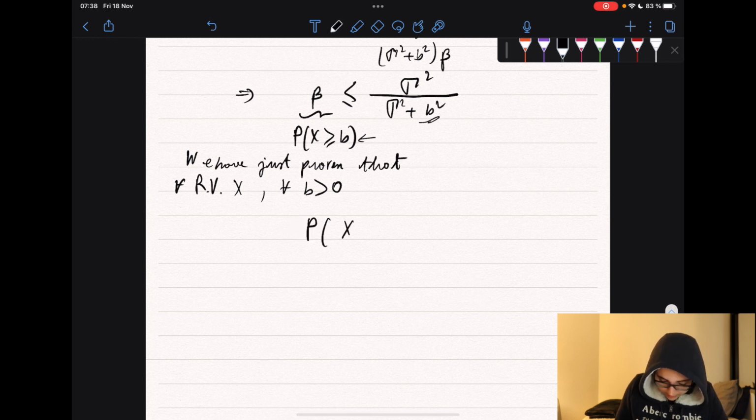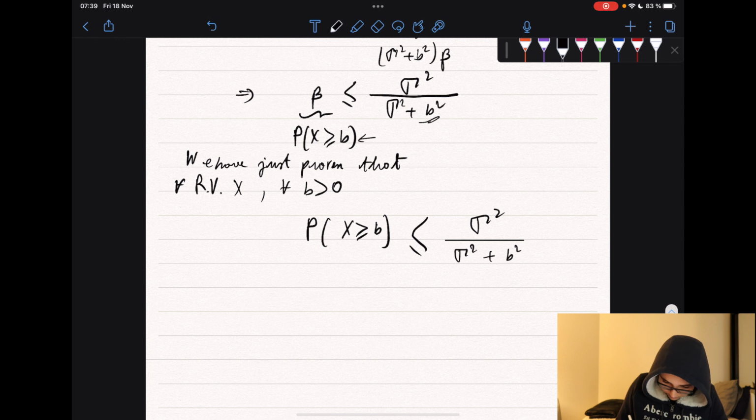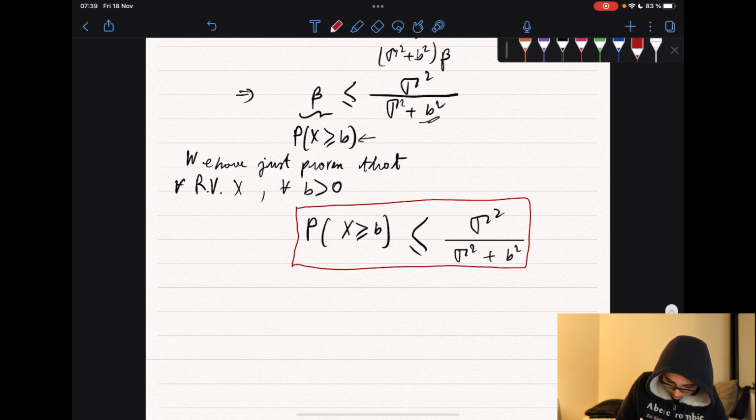P of X higher than or equal to b is always less than sigma squared over sigma squared plus b squared, and this is the one-sided Chebyshev inequality.